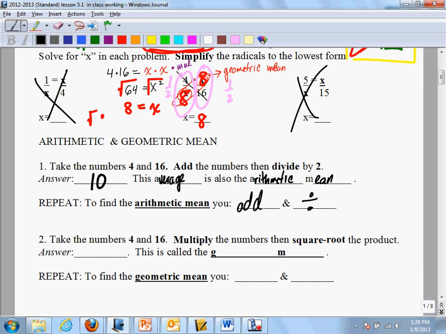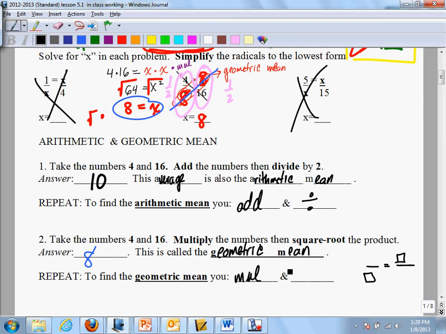Now, not to be confused with the geometric mean. To find this geometric mean, we did two things. First we multiplied and then we square root, we got 8. Notice the arithmetic mean and the geometric mean is not the same thing here. To get the geometric mean, in the same position, you do two things.